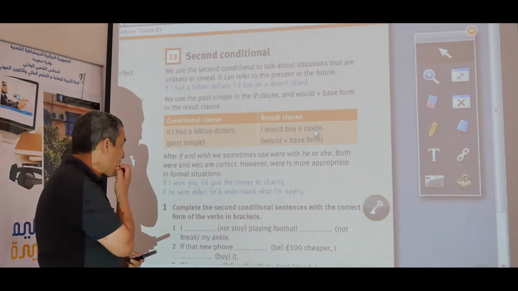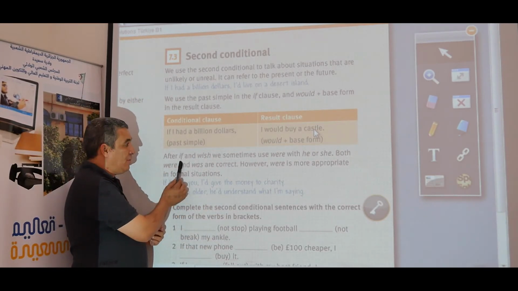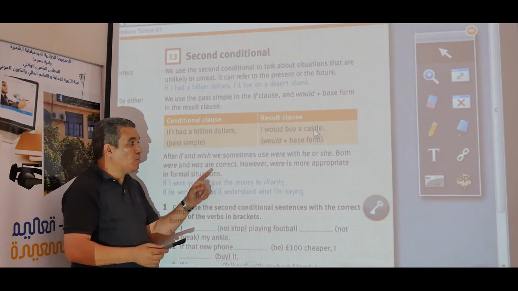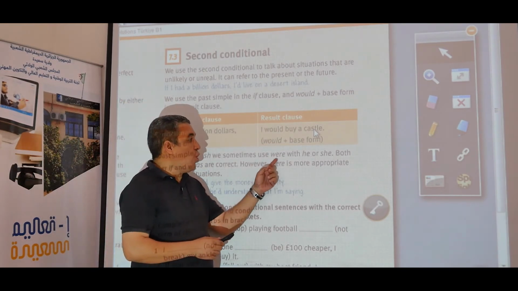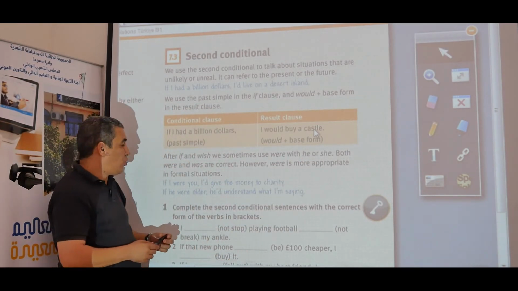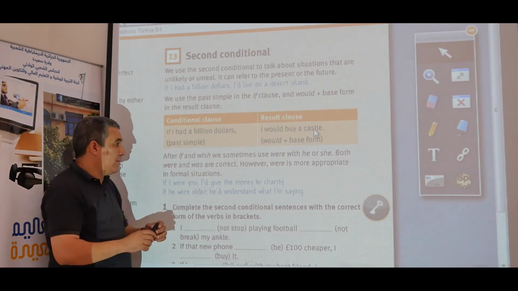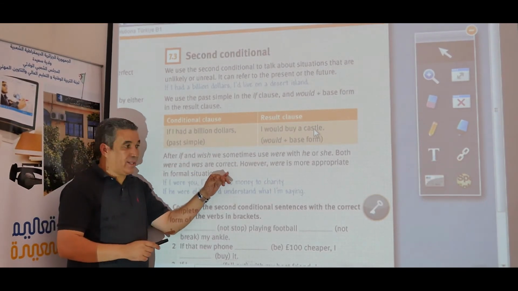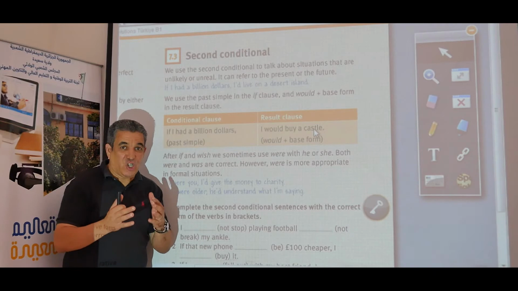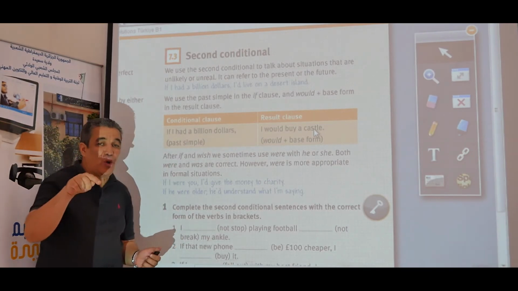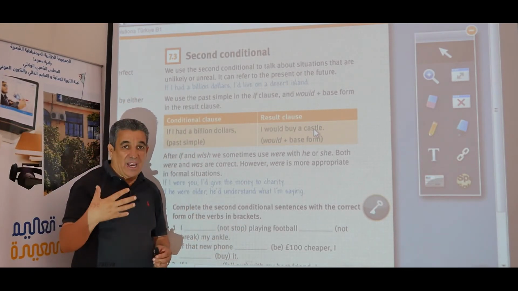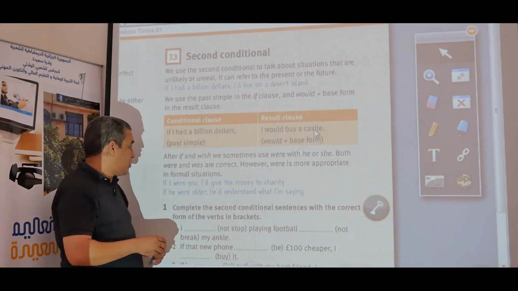Excellent. Now, after if and wish, remember this. After if and wish, we sometimes use were with he or she. Now, here's the trick. Both were and was are correct. In academic English, formal English, we use were. And this is what you are going to use in your baccalaureate exam, if you ever happen to have questions or exercises on the conditional sentences.